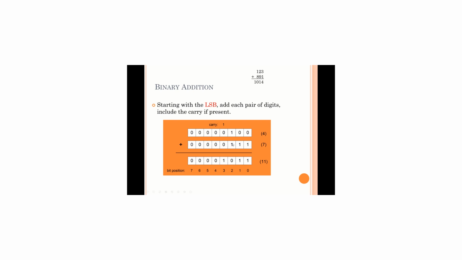Okay? The way you do it is that you start from the least significant bit. 0 plus 1 is 1. 0 plus 1 is 1. 1 plus 1 is what? There's no 2. Right? Just like in the decimal, when you add 5 and 5, you get 10, right? So 1 plus 1, it's actually 10.